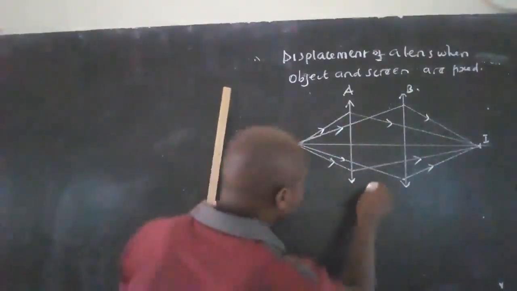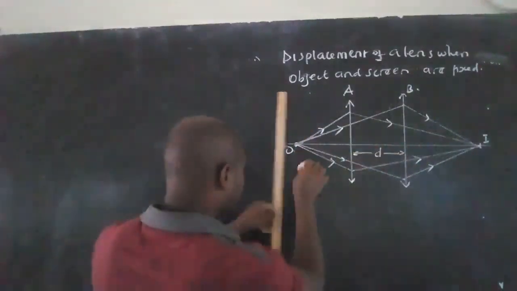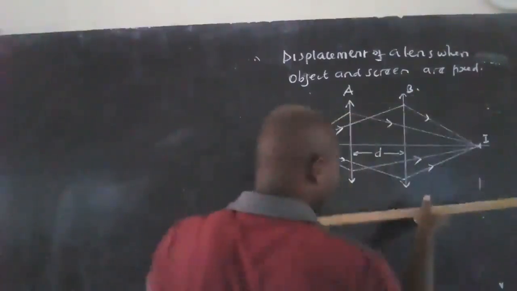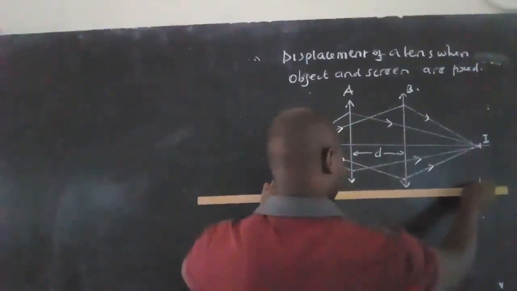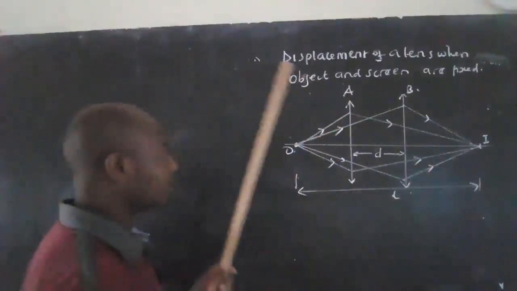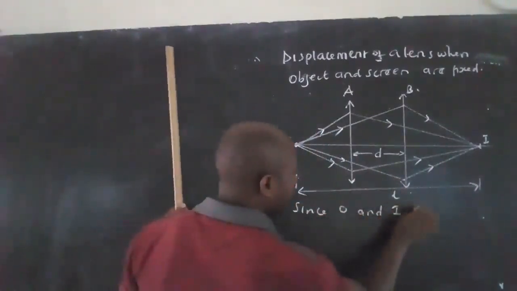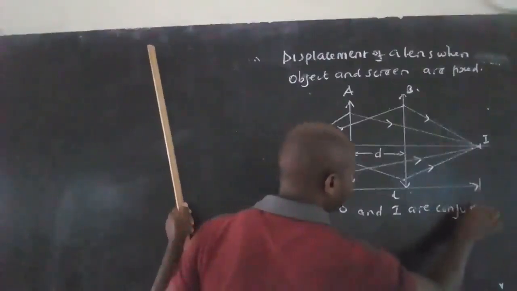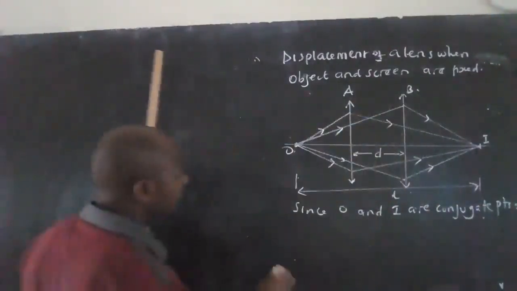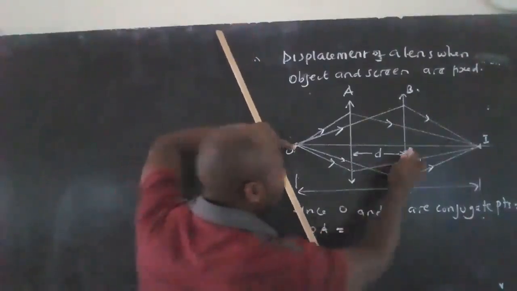Therefore, O and I are conjugate points. So the distance here, let us call it D. Then the distance from here up to the screen, we call it L. So since O and I are conjugate points, you see here, OA is equal to BI.